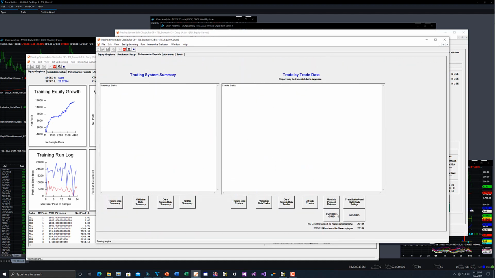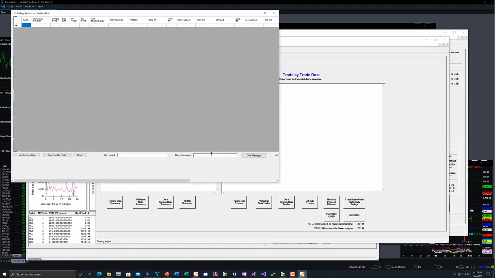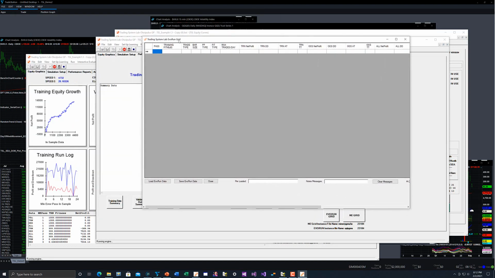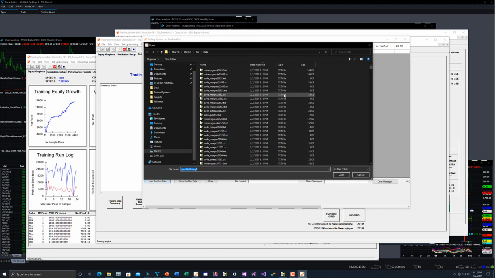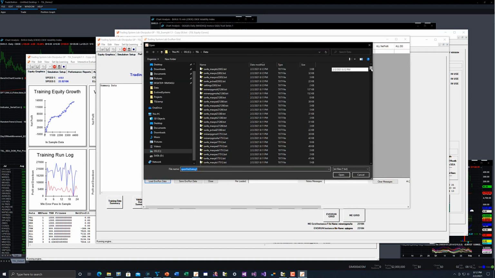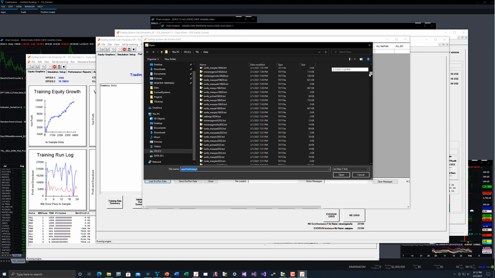So what that shows us in the Evo Run grid are the various fitness functions, and that will help you choose which is the best fitness function to focus on in subsequent runs.